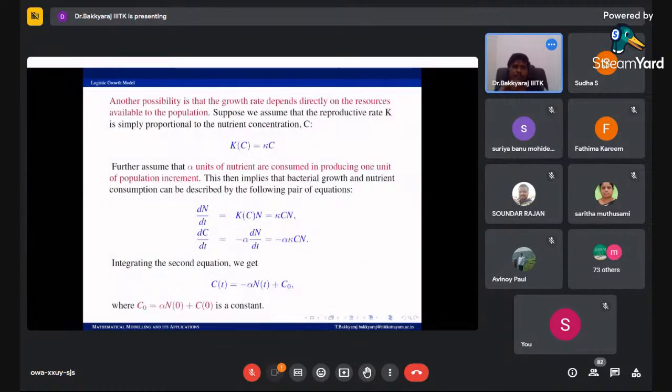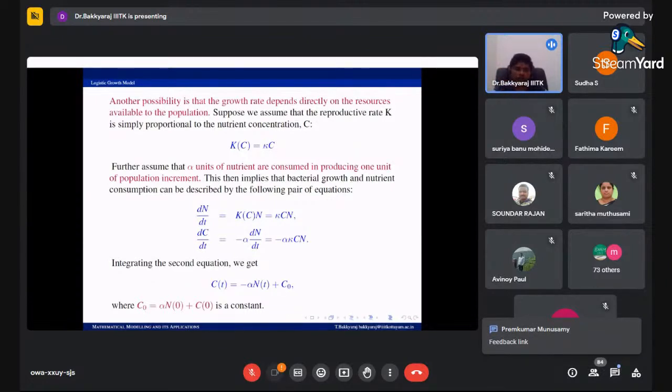Now the reproduction rate not only changes with time, it also depends on the food concentration, isn't it? If you have more food, then the reproduction rate will be more. It is directly proportional to the availability of the concentration of food.